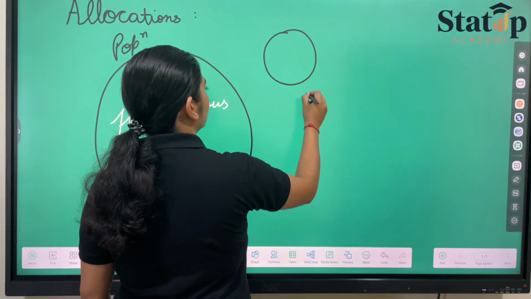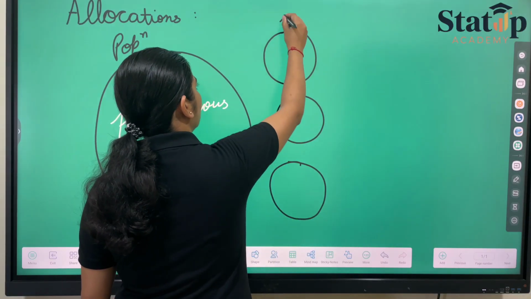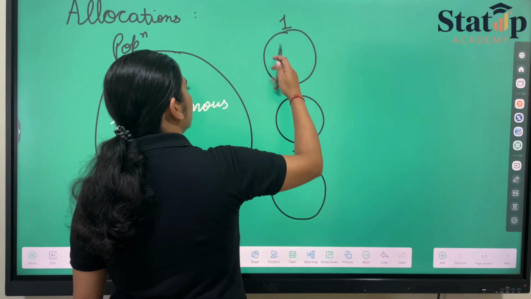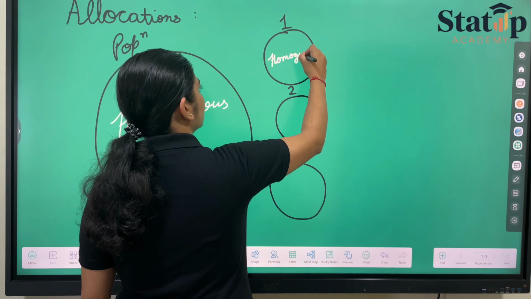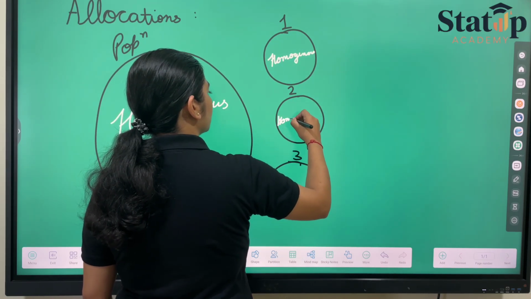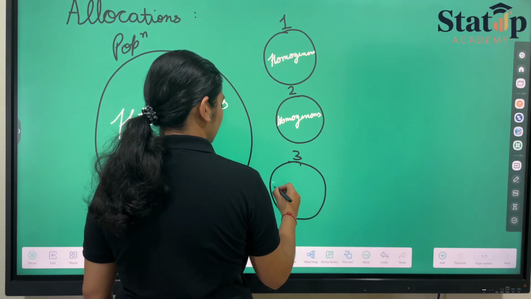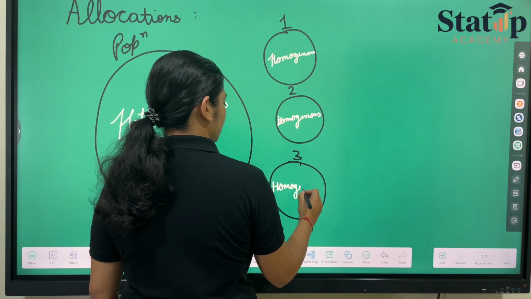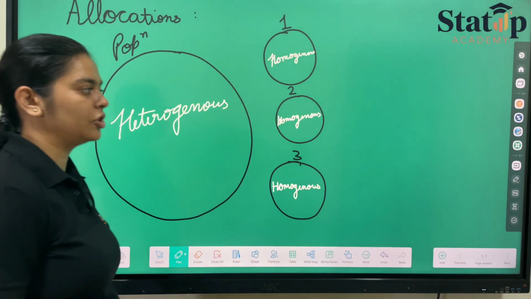Suppose we take three strata: strata 1, strata 2 and strata 3. These are homogeneous in nature. All these strata are homogeneous in nature.